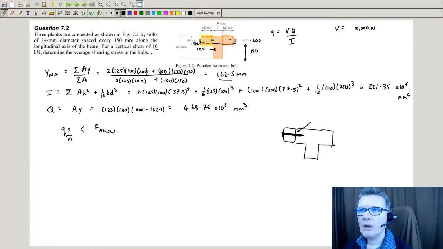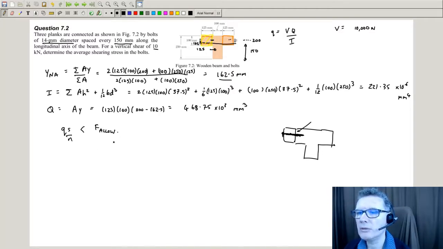Alright. Right, so what we are asked to determine is the average shearing stress in the bolts. So the bolts are 14 millimeters diameter. They're spaced 150 millimeters apart. So look at this equation here. This is the equation for force.